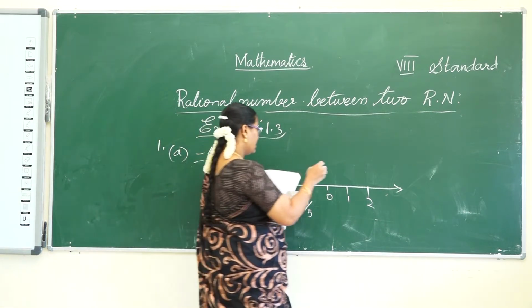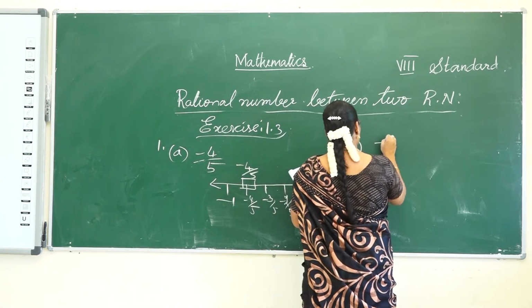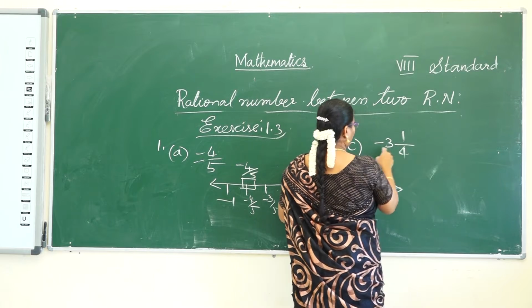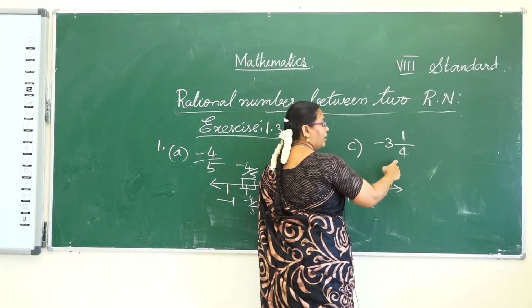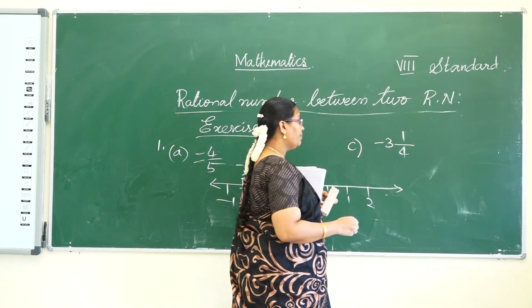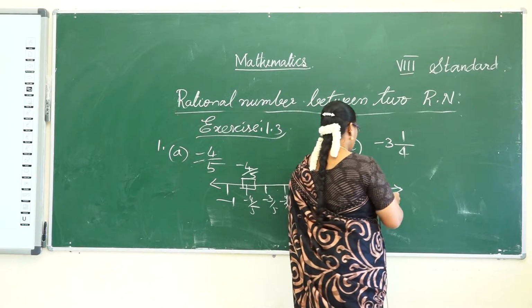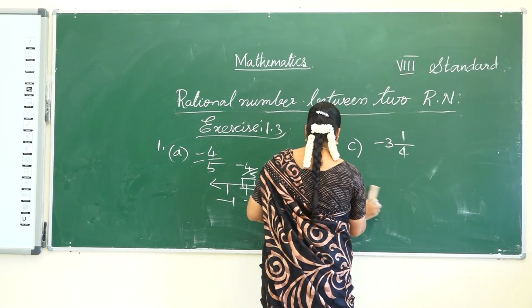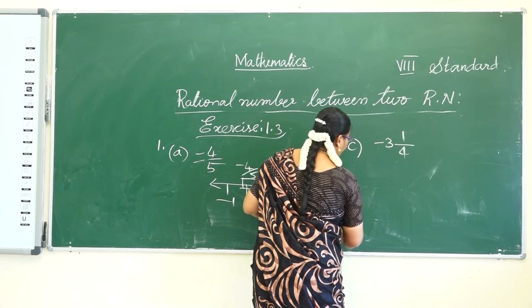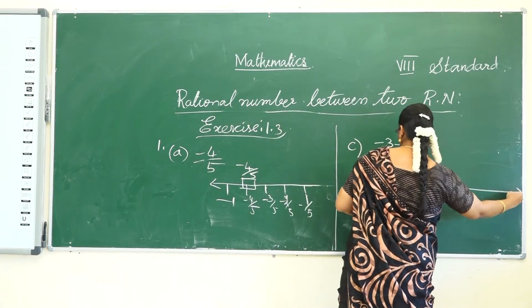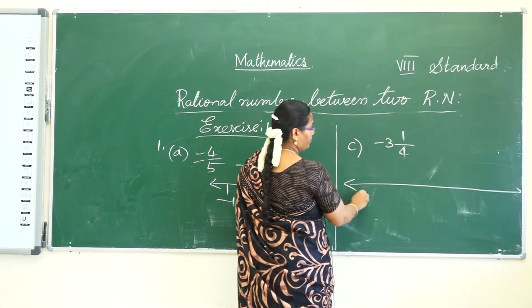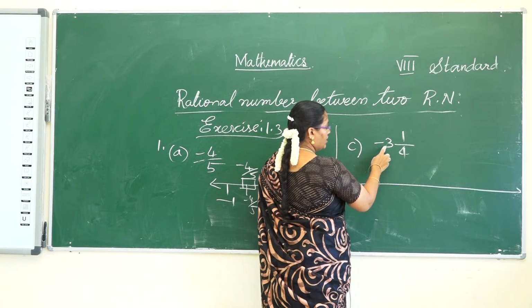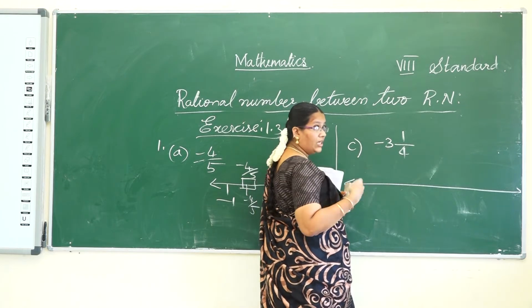Okay, C problem. A mixed fraction is given: minus 3 1 by 4. First draw the number line. It lies between which numbers?